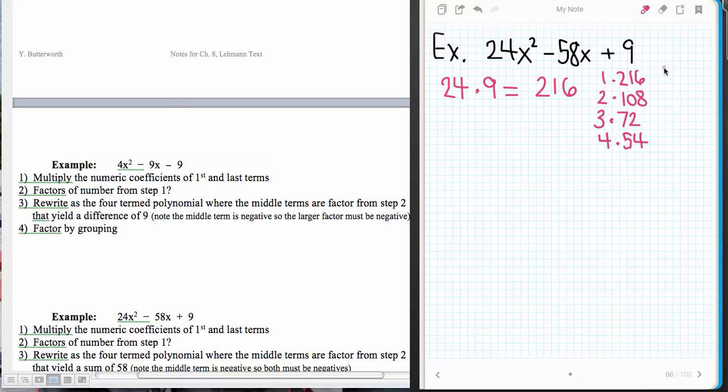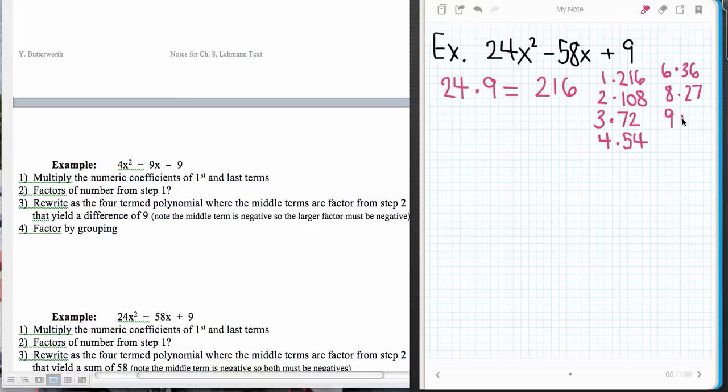Let's see, 6 will definitely go into it because it's divisible by 3 and it's even, so 6 times 36. 7, no. 8, let's see, yes, 8 should go into it. So 8 times 27.